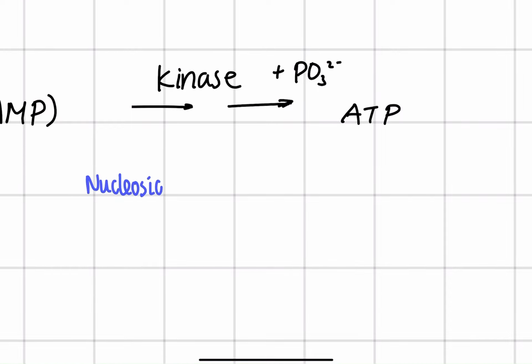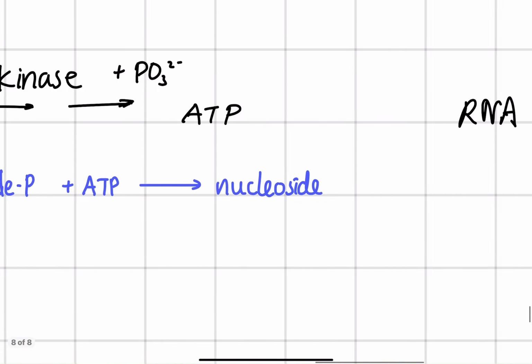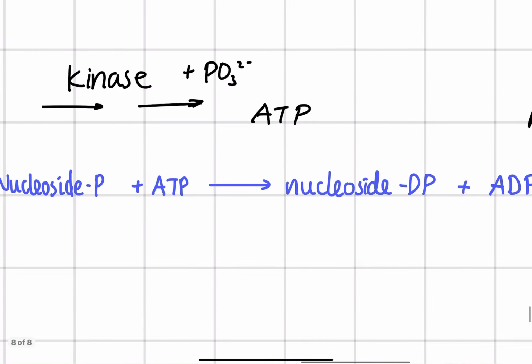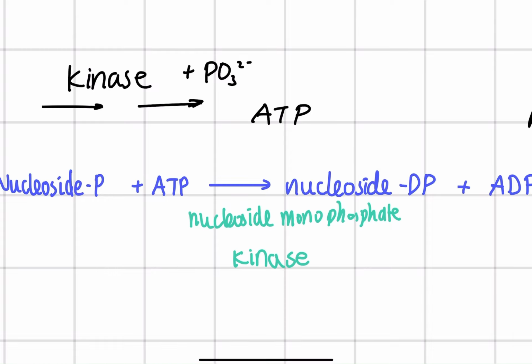Nucleoside monophosphate, we add ATP, nucleoside diphosphate, and you add ADP. And what's the enzyme called? Of course, it's nucleoside monophosphate kinase. Because you're giving a phosphate group.